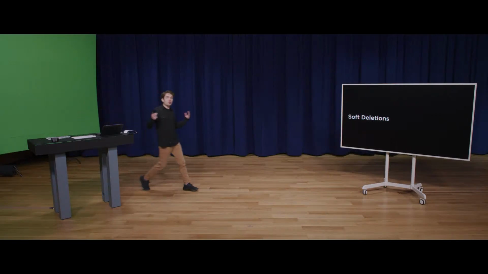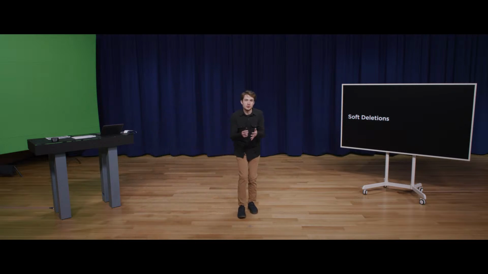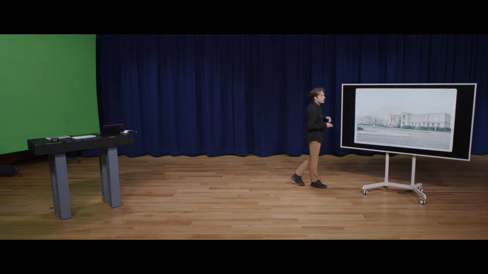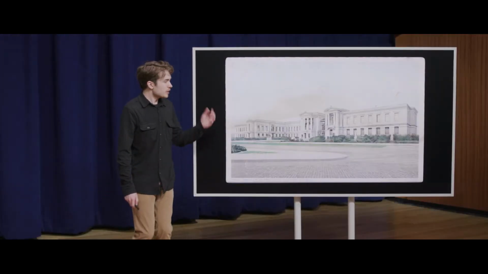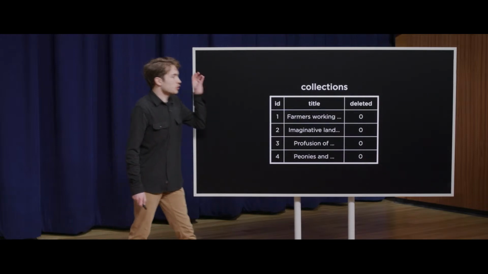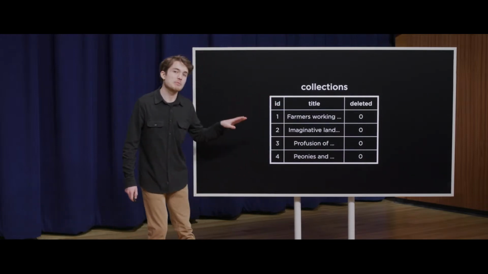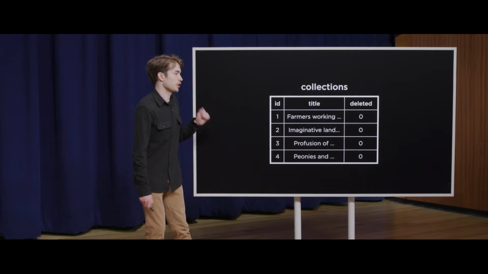And we're back for one final application of views. We saw just a few weeks ago how we could implement soft deletions. That is, not fully deleting something in our database, but only marking it as deleted. And we saw this in the context of Boston's own Museum of Fine Arts, keeping track of items inside their collection. So let's say we had this table called collections, full of items in the MFA, the Museum of Fine Arts in Boston.